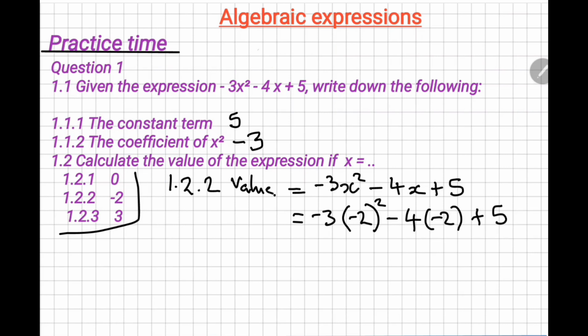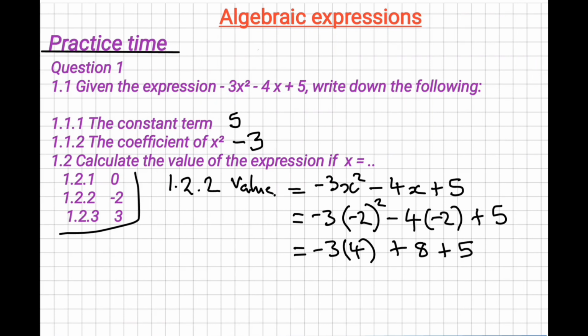Again, we need to simplify the bracket, and we simplify as we go along. So this becomes minus 3 times, what's a negative 2 squared? A negative 2 times a negative 2 becomes a positive 4, right? And negative 4 times a negative 2, a positive 8 plus 5. Again, at this stage, guys, I would encourage you to avoid using the calculator.